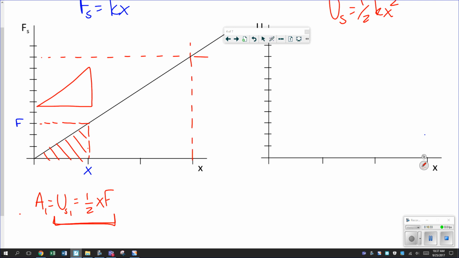Now watch this. Let's call this U spring 1. And we'll say at that amount of stretch or compression displacement, X, there is U spring 1.